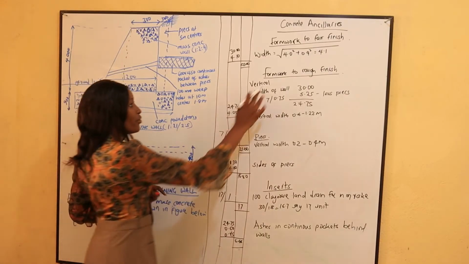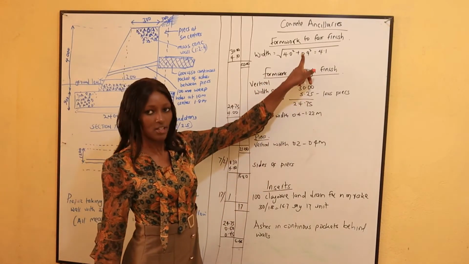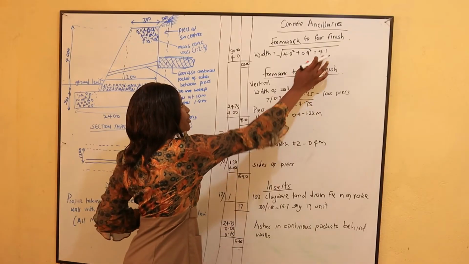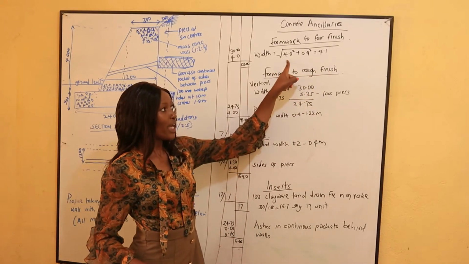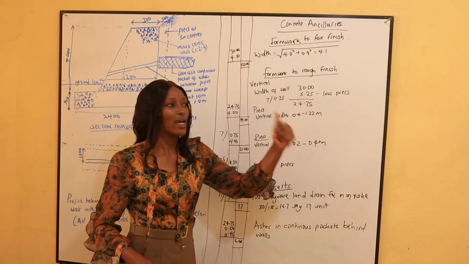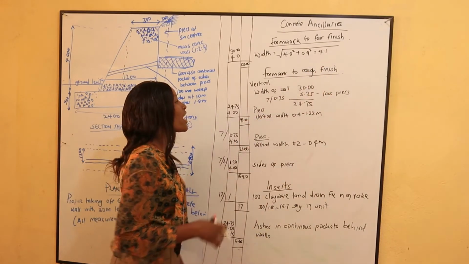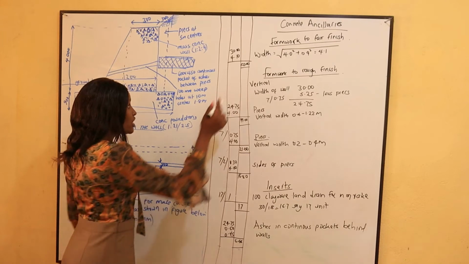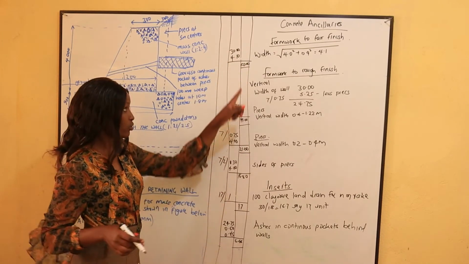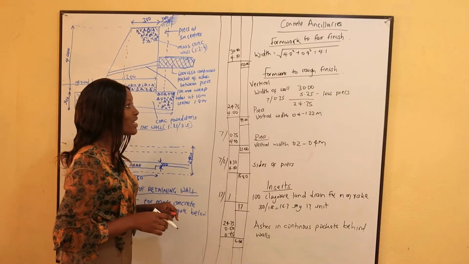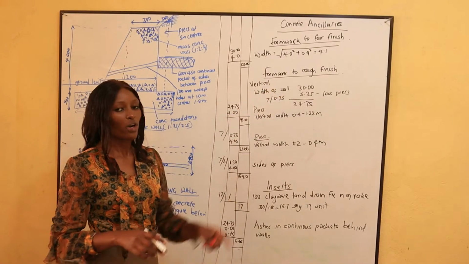So we shall get 4 meters and 900 millimeters. We get a hypotenuse of 4.1, because it's 4 squared plus 0.9 squared, square root, we get 4.1. So the area for the formwork for the fair finish shall be 30 meters length of wall multiplied by 4.1, we get 123.